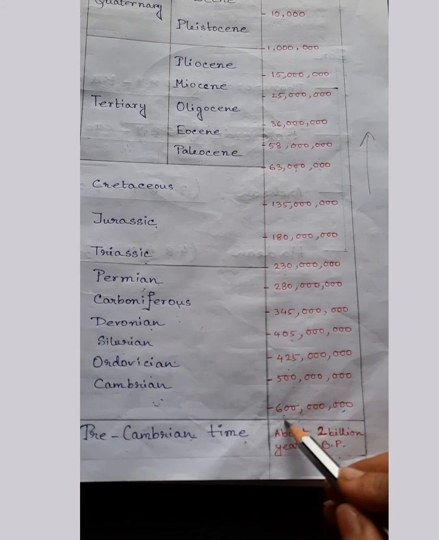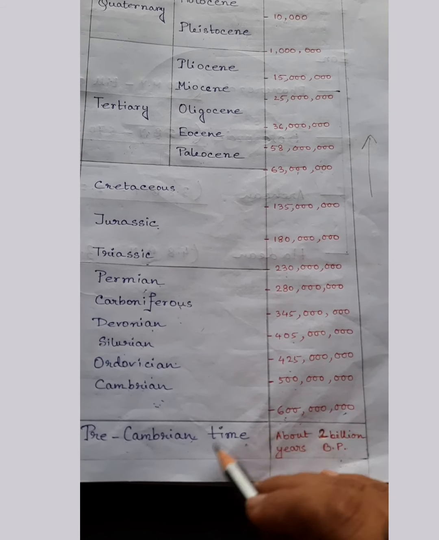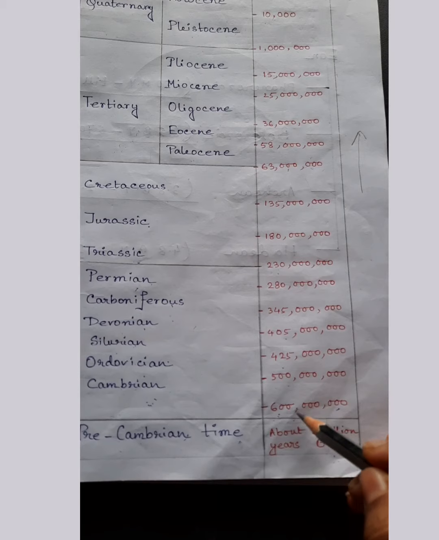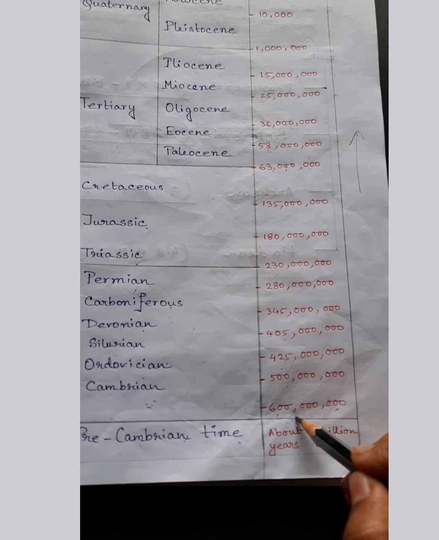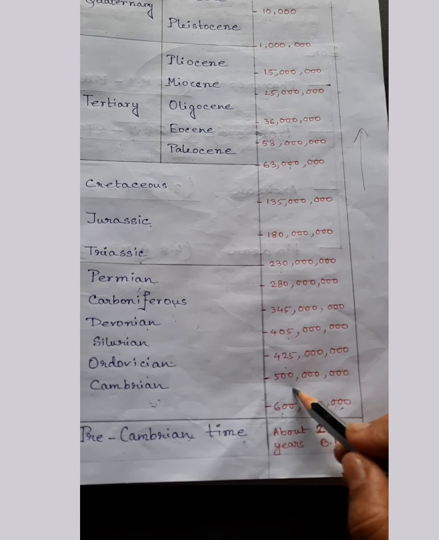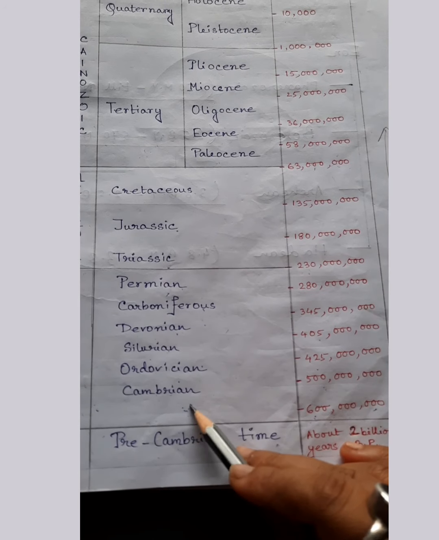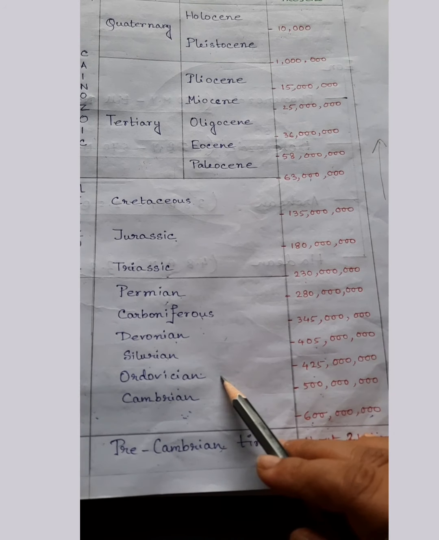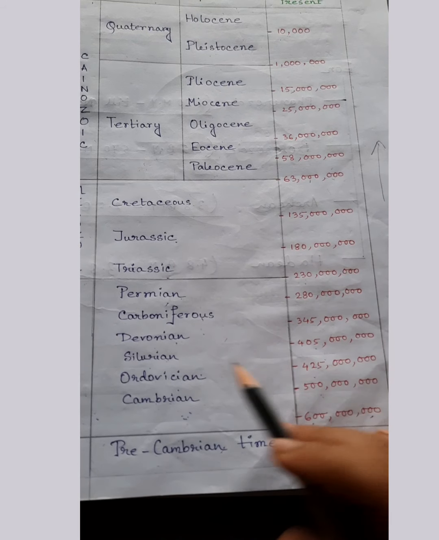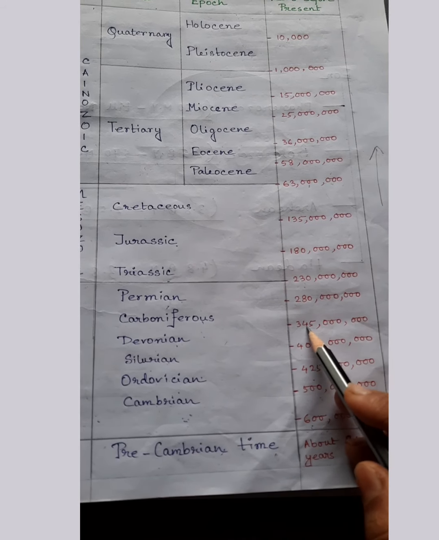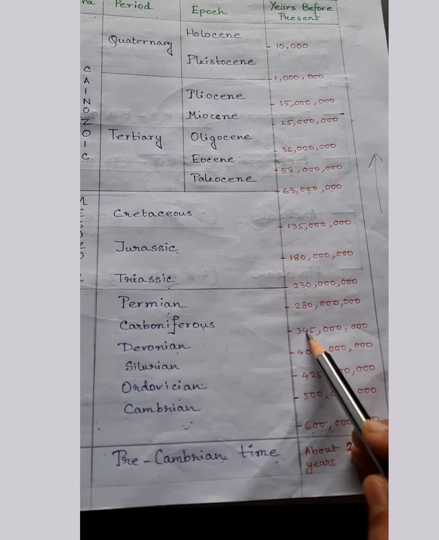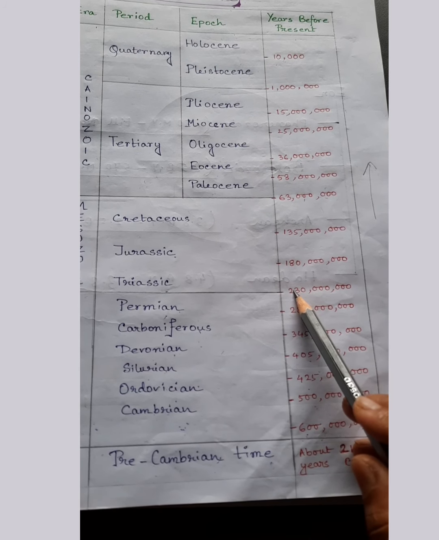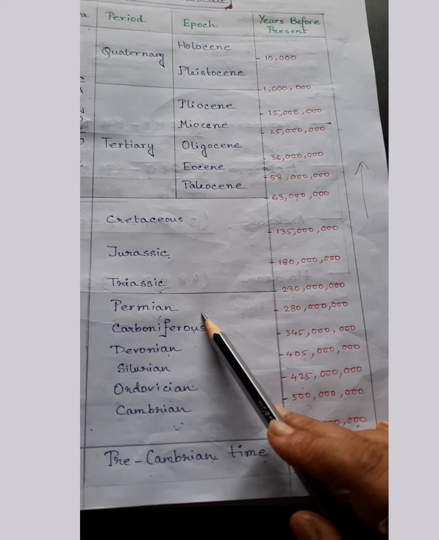At about 570, as I said before, 570 million years till now, that is approximately 600 million years to 500 is Cambrian, 500 to 425 Ordovician, 425 to 405 Silurian, 405 to 345 Devonian, 345 to 280 Carboniferous, 280 to 230 million years Permian.